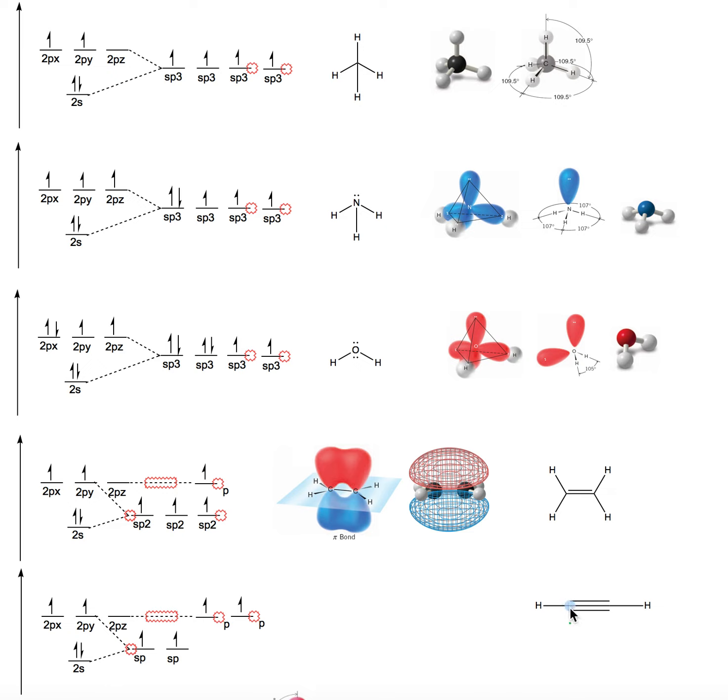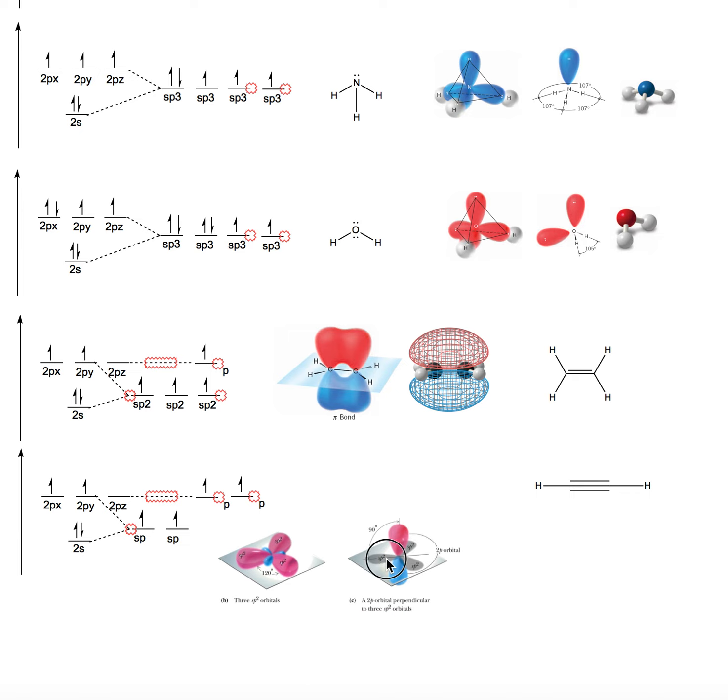When you look at this carbon here, it is bonding to the carbon on the right using one sp hybrid orbital for the sigma bond, and its two p orbitals for two pi bonds. And this carbon is bonded to this hydrogen through a sigma bond, and the orbital from the carbon in that sigma bond is an sp hybrid orbital.